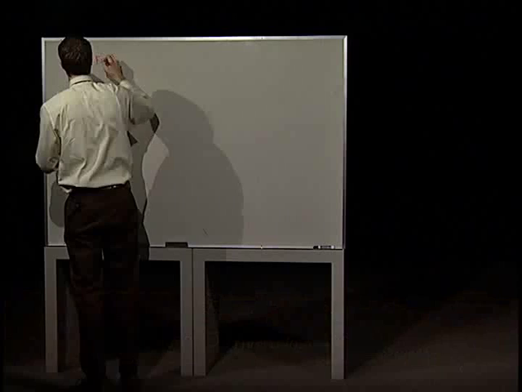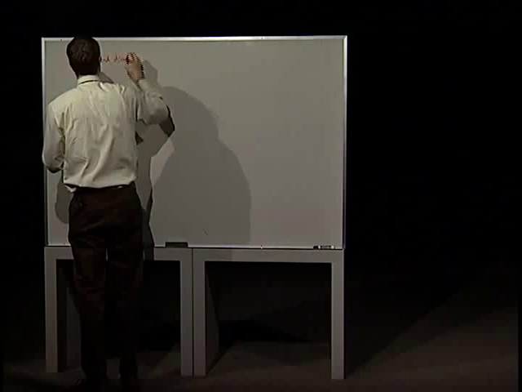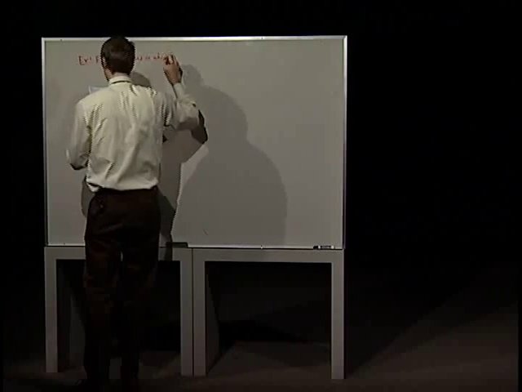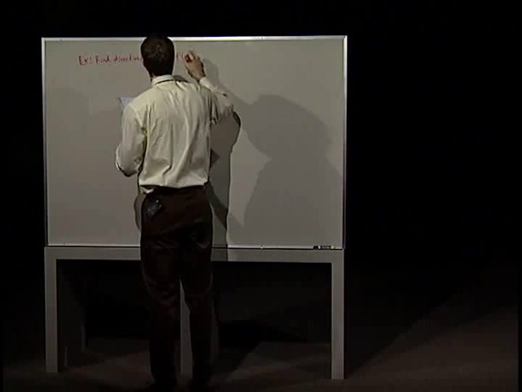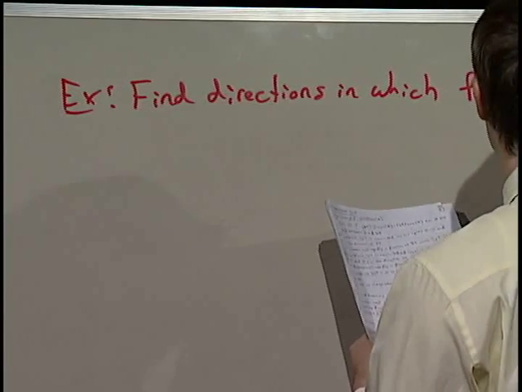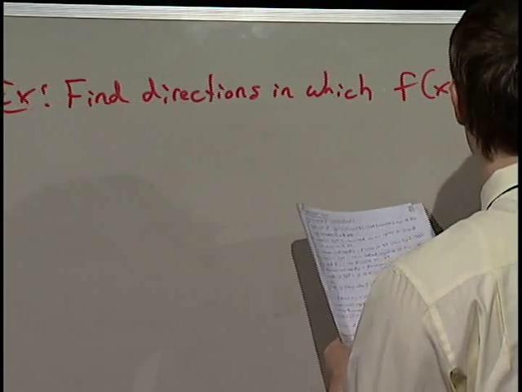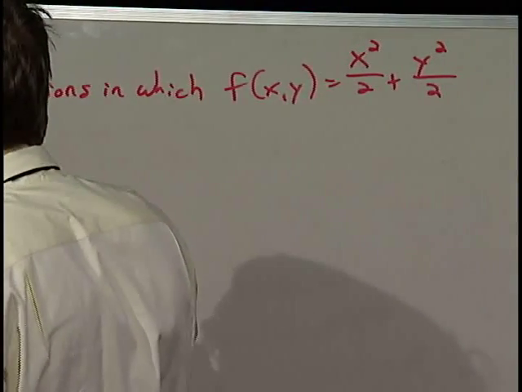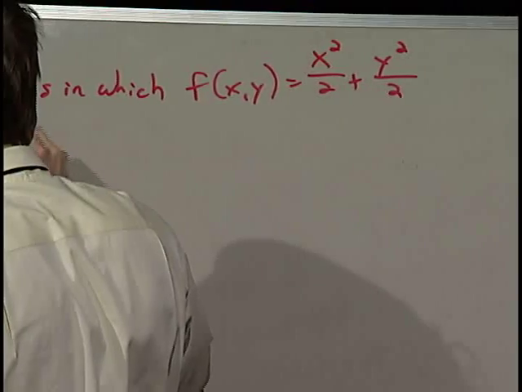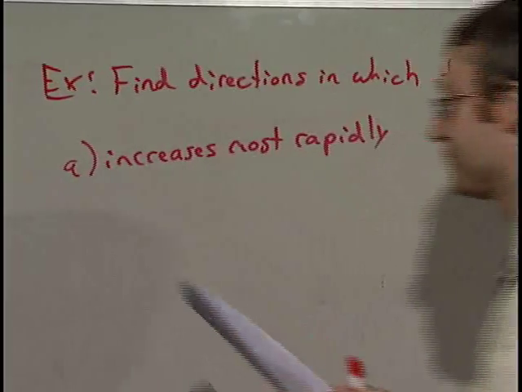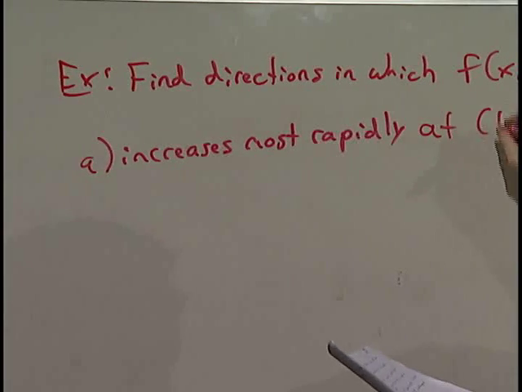So let's find the directions in which f of x, y is x squared over 2 plus y squared over 2, let's say, increases most rapidly at the point 1, 1.